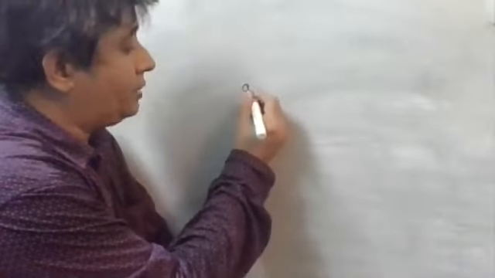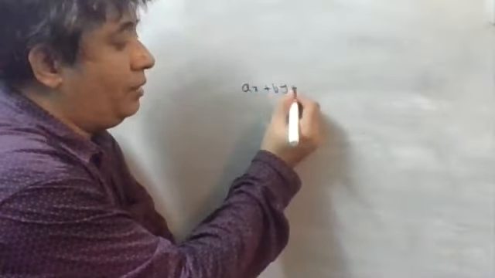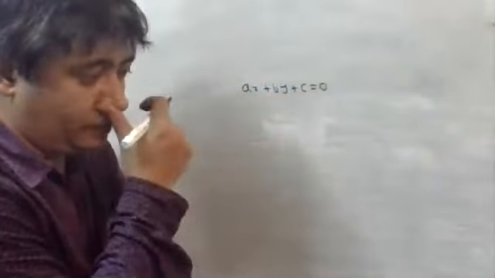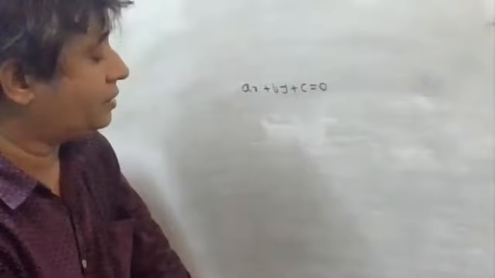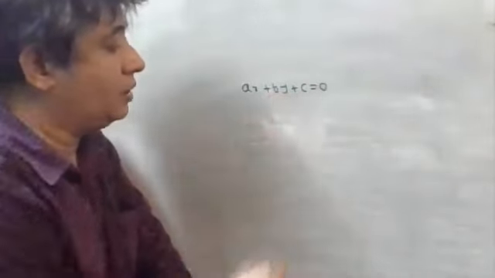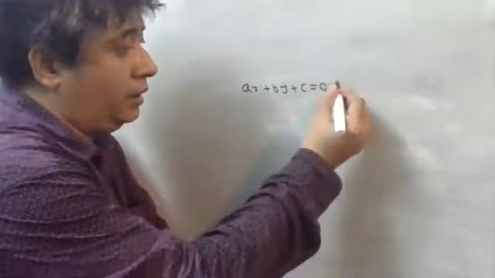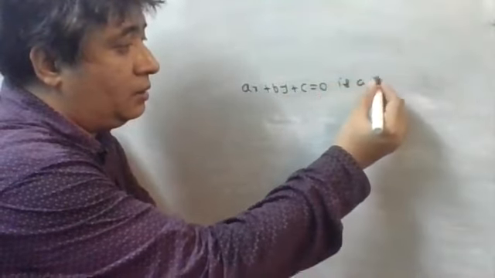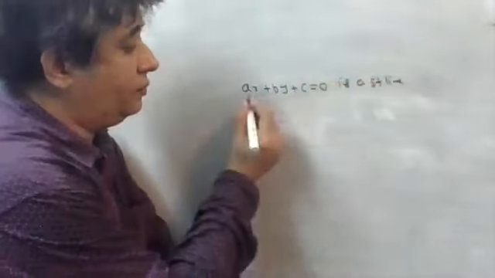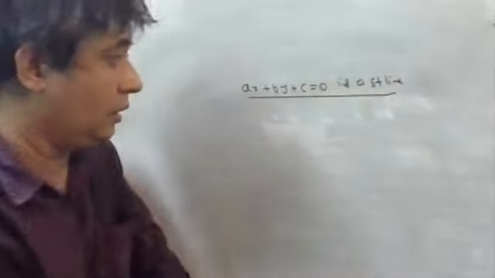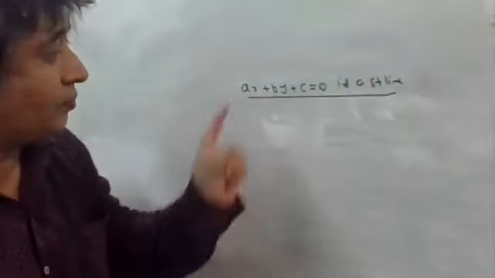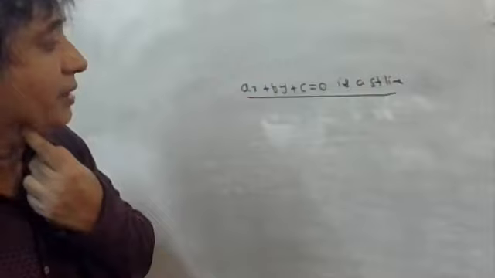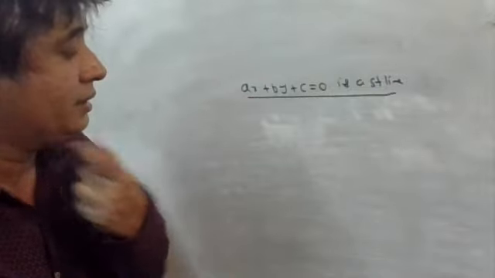Now next part is, suppose ax plus by plus c is equal to 0 is a straight line.